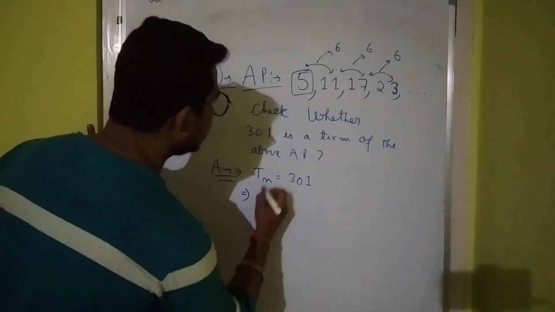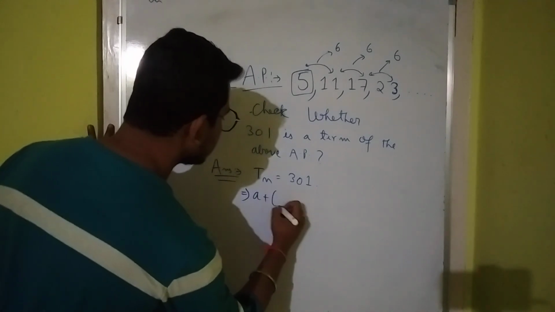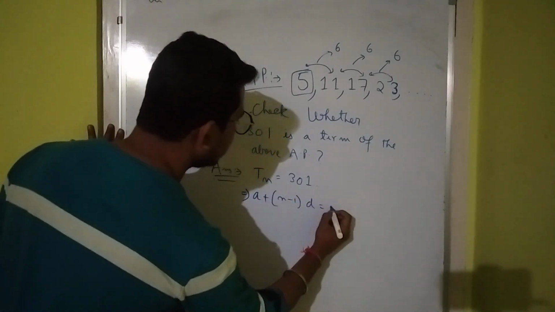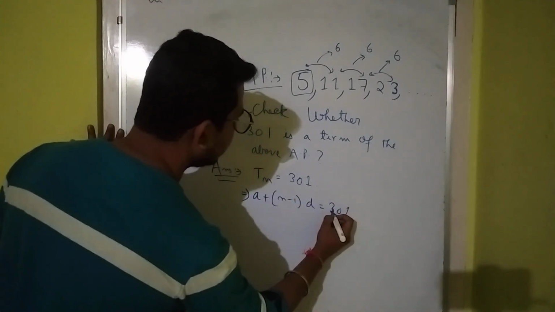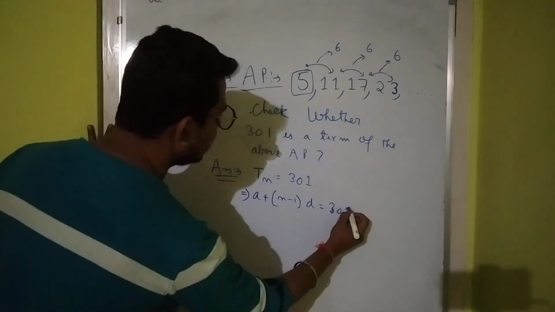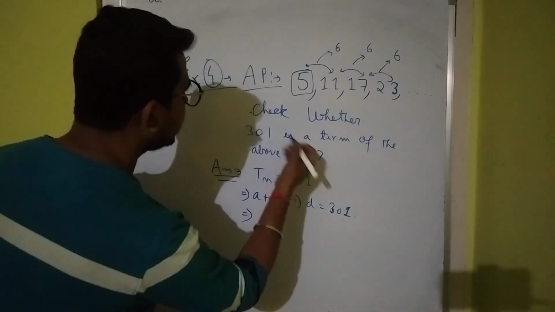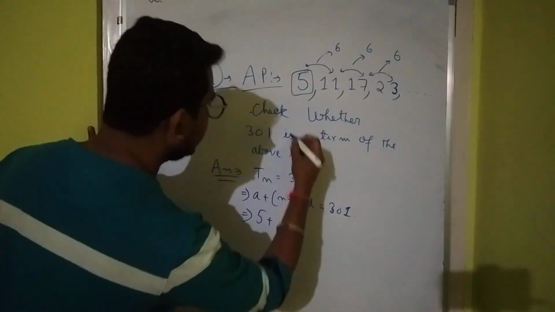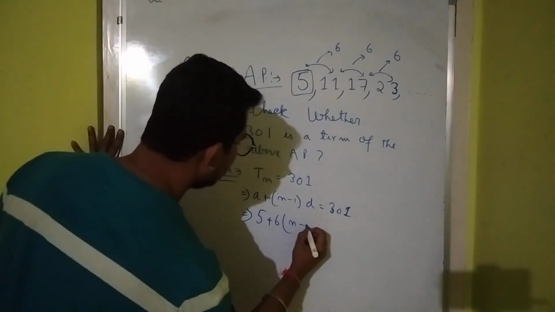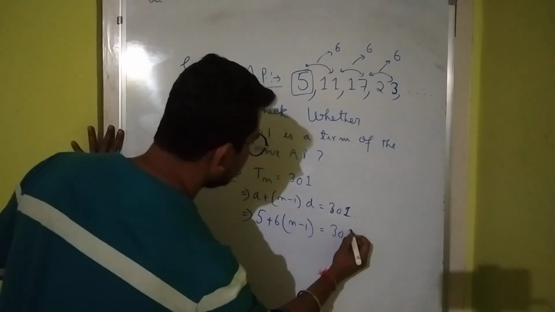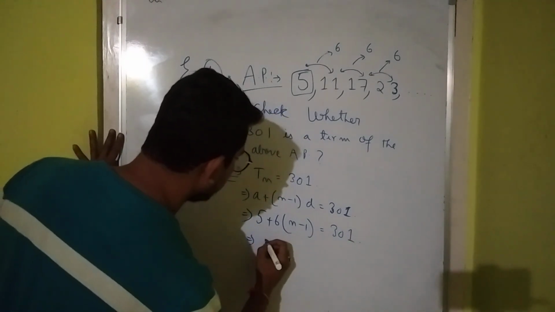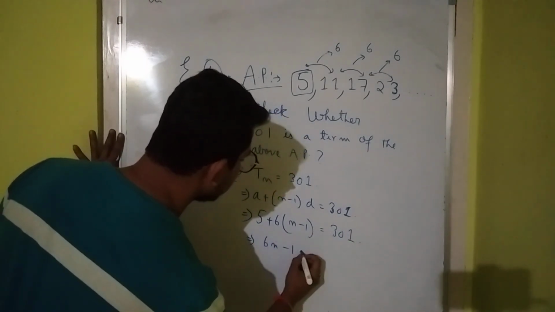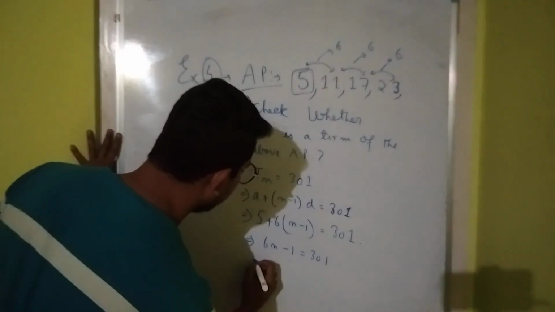सो nth टर्म मान लिया. फर्स्ट टर्म a प्लस n माइनस 1 इंटू डी, विच इज 301. ओके, तो a बन गया 5, d बन गया 6, so it will be 6n minus 1, 301.